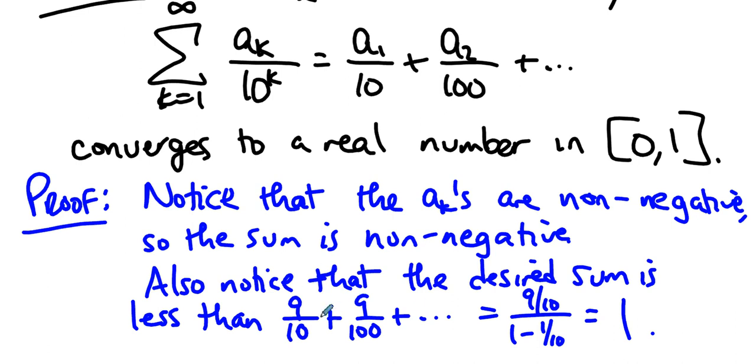So if you choose all 9s, you're in the desired interval. And if you choose any of these to be less than 9, then the desired sum is less than 1, and you're in this interval. So we're done. That's to prove this.